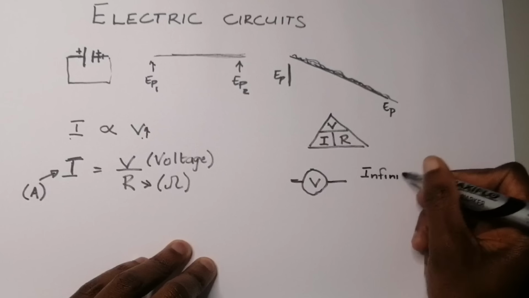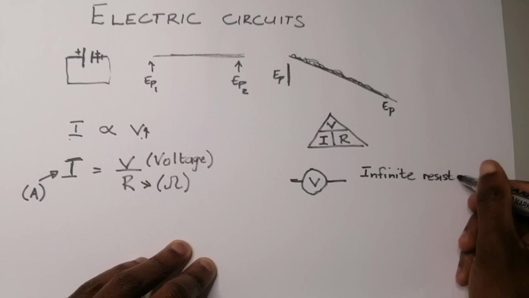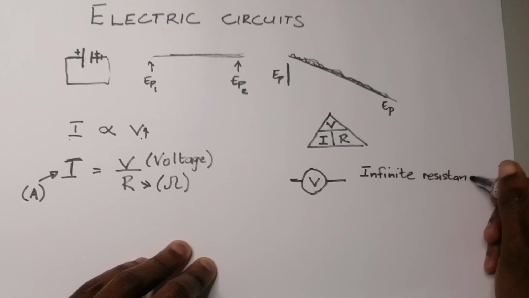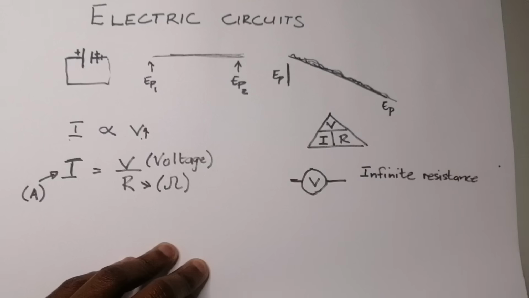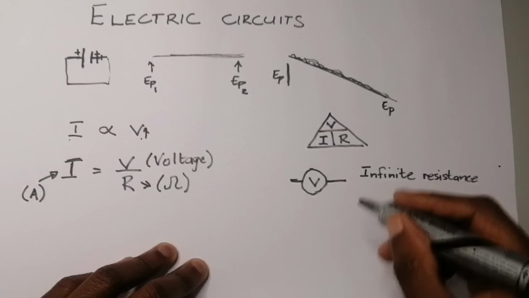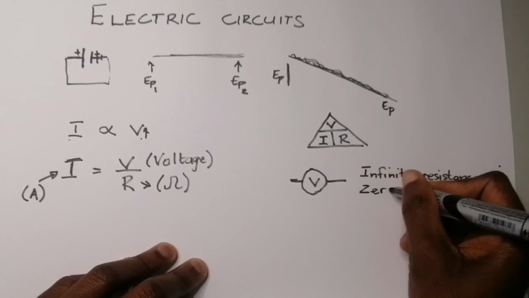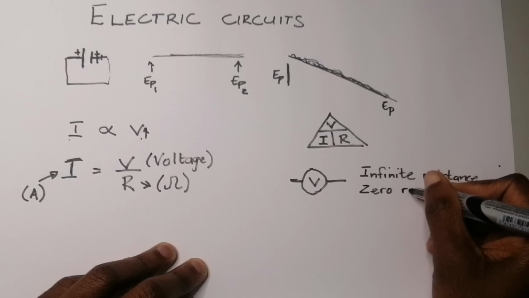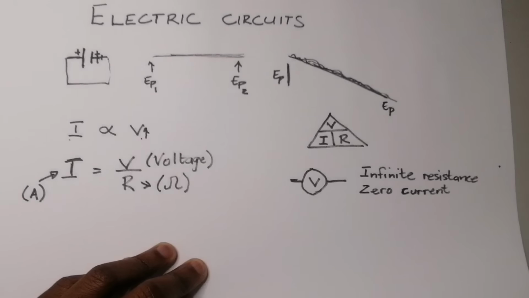I'll tell you why that is important. Infinite resistance means that a voltmeter will never allow current to flow through it. So it will have zero current. There's no current that flows through it. As I said, that is an ideal voltmeter.